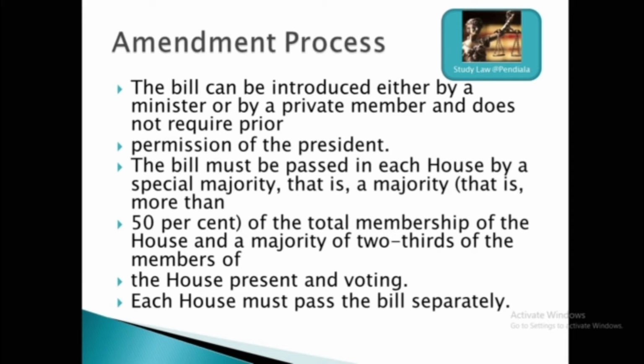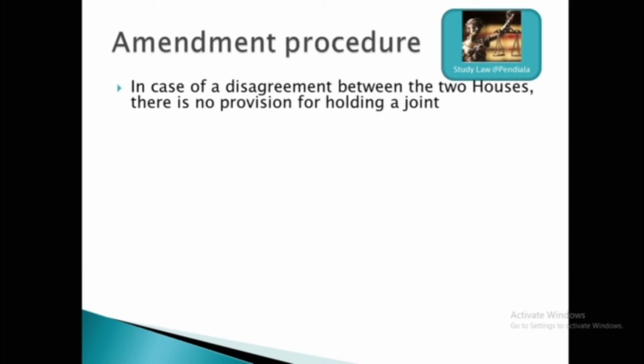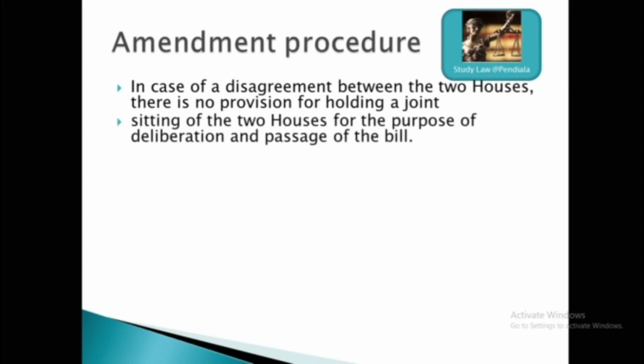Each house must pass the bill separately. In case of a disagreement between the two houses, there is no provision for holding a joint sitting of the two houses for the purpose of deliberation and passage of the bill.